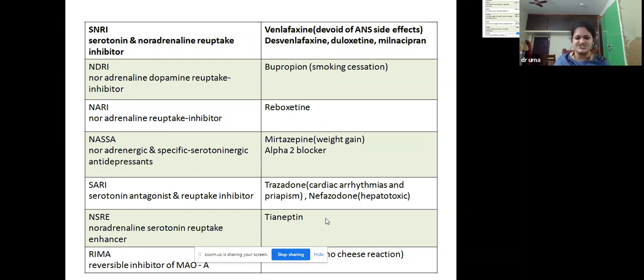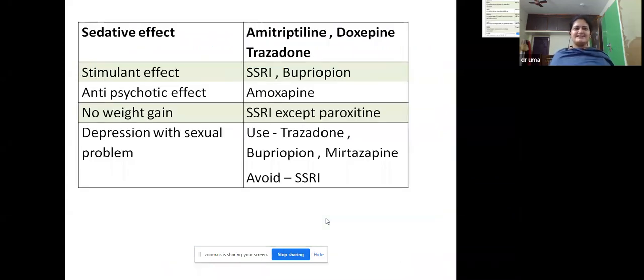They do not produce any cheese reaction. Among these, very important is NDRI, bupropion, because it is used for smoking cessation also. The drugs which produce sedative effect are amitriptyline, doxepin, and trazodone. But bupropion is a stimulant, as it releases dopamine.